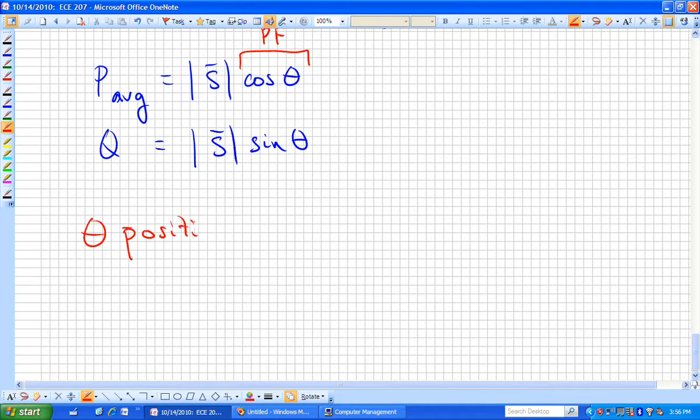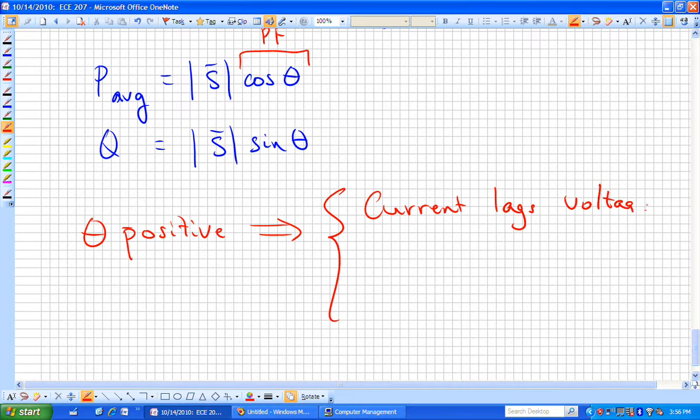Another thing that you need to keep track of: I've sketched that picture for a positive theta. Theta will be positive. Remember, theta is theta sub v minus theta sub i. That means your voltage angle is bigger than your current angle, or the current lags voltage. And in which of these, ELI and ICE, does that occur?